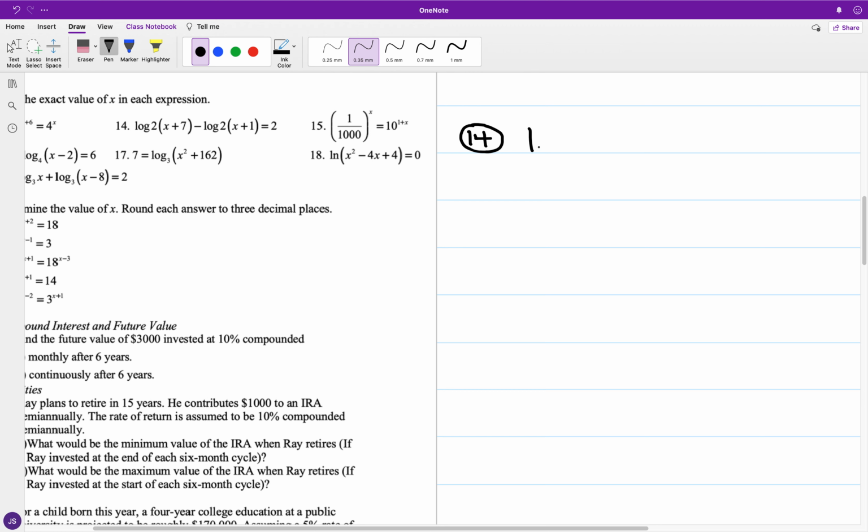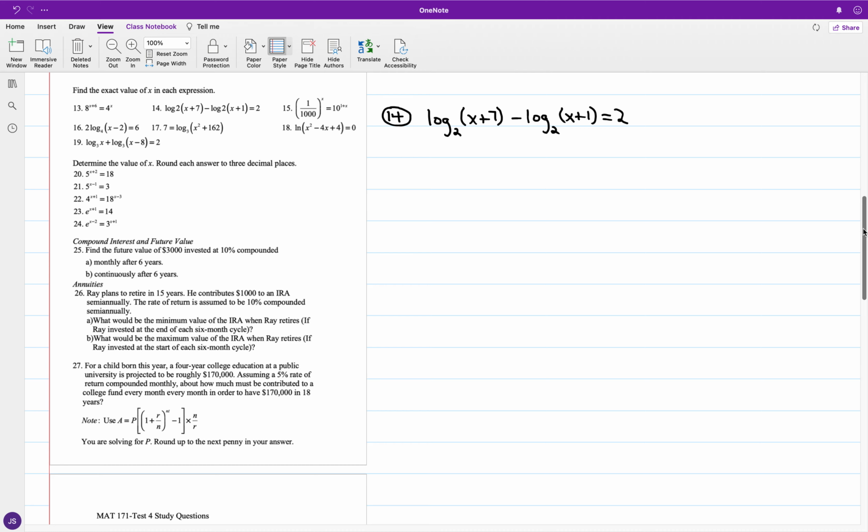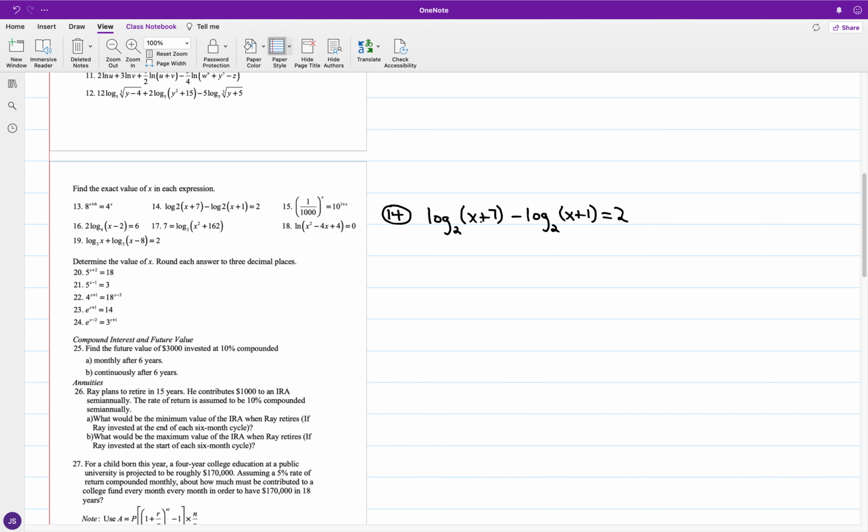So in number 14, in the leadoff, we have the base 2 logarithm of the quantity x plus 7, minus the base 2 logarithm of the quantity x plus 1, is equal to 2. In terms of sizing things up, for logarithmic terms, whatever we have for the attachment should be positive values.